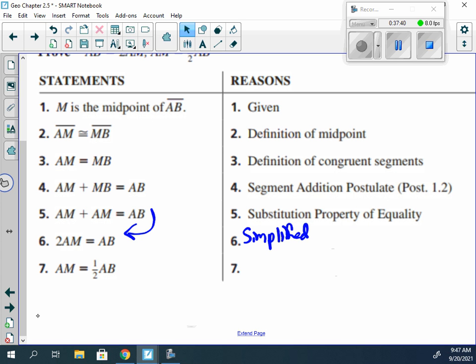Or we use the distributive property, but I will take simplified or distributive property. And last but not least, how can we go from 2AM equals AB to AM equals 1/2 AB? Property of equality, because what did we do to both sides? We divided by 2.